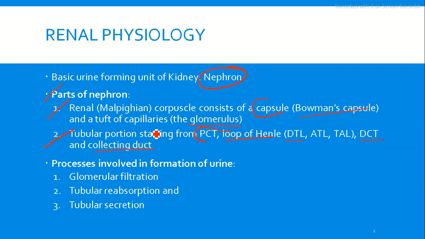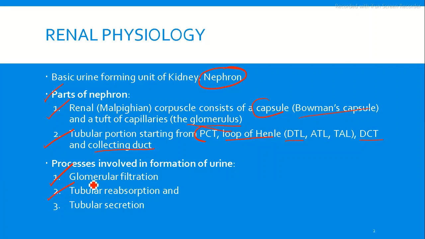Okay, so the processes involved in the formation of urine include, first, glomerular filtration. The Bowman's capsule and the glomerulus take part in this process. You have already studied the structure of the filtration membrane, so now we are revising things.